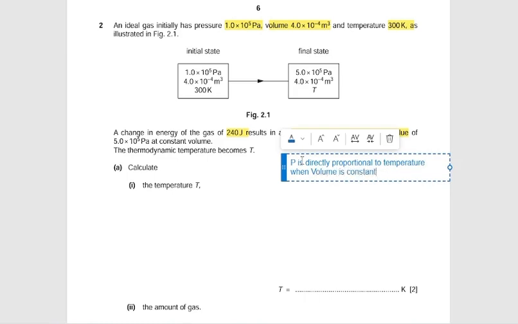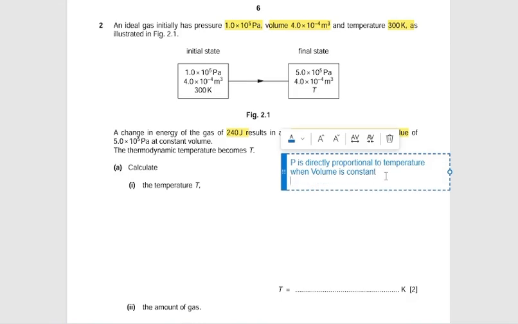Every time we say something is proportional to something, there has to be a third quantity that is being kept constant. Only then you can say that something is proportional to the other thing. So I'm saying that pressure is directly proportional to temperature when the volume is constant.